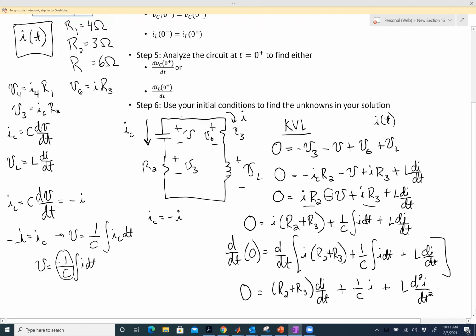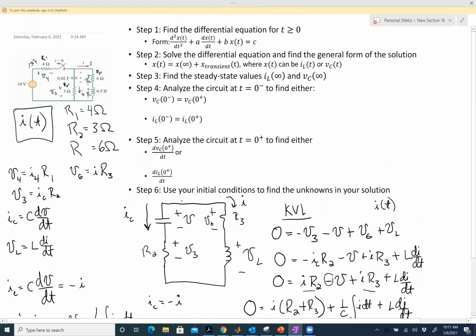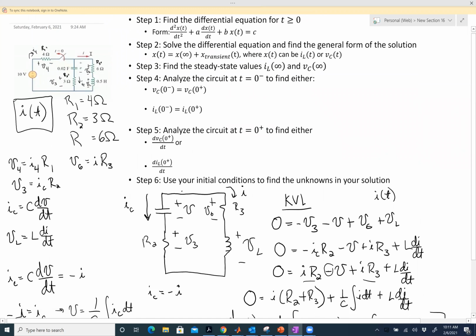Now, I need to get that into my standard form, which says I want a unity coefficient, a coefficient of 1, on the second order term.